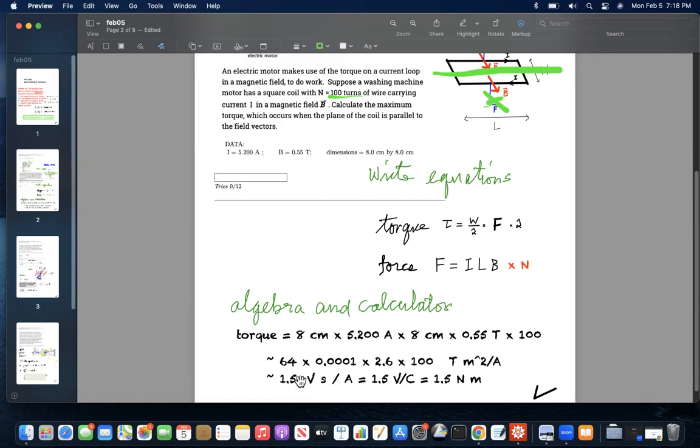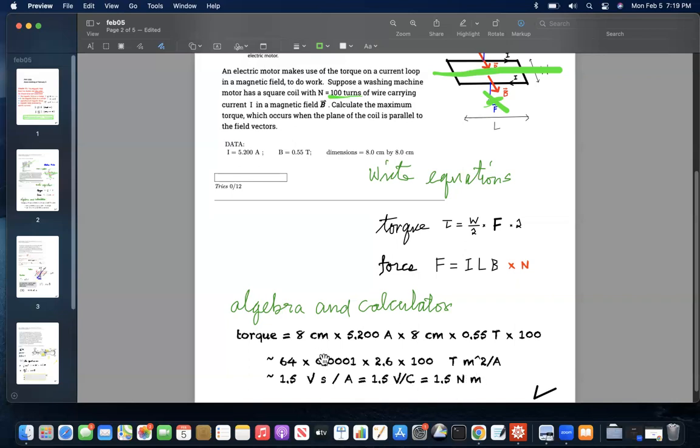Amp is coulombs per second. So this seems to be volt per coulomb. Yeah, volt per coulomb would be joules. That's the same as Newton meters.